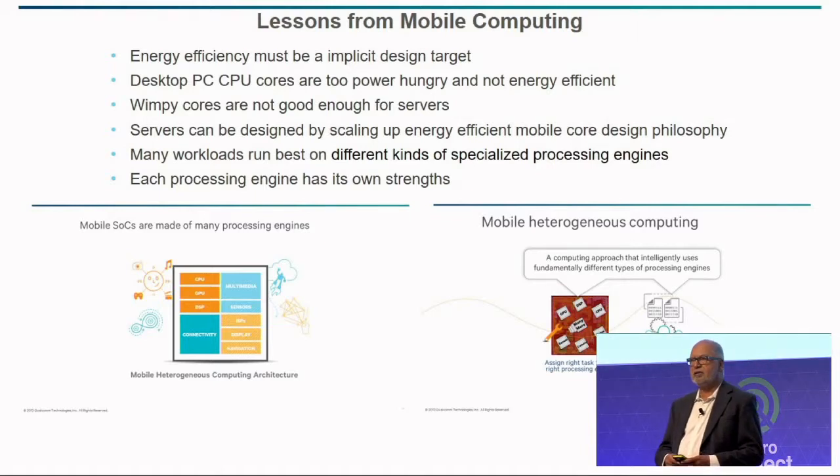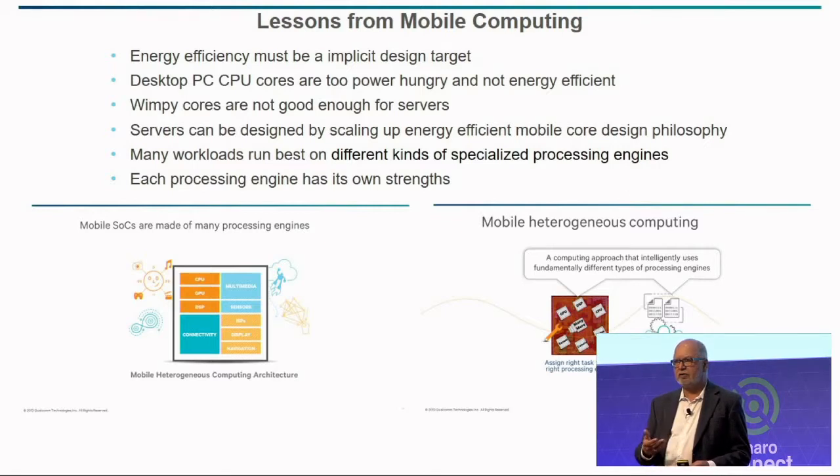There are a lot of lessons we can learn from the world of mobile computing. First of all, energy efficiency has to be an implicit target. When my colleagues at Qualcomm design chips for the smartphone, they have a power budget, 1.5 watt, 2 watt, or whatever it is, and their job is to deliver maximum performance within that.